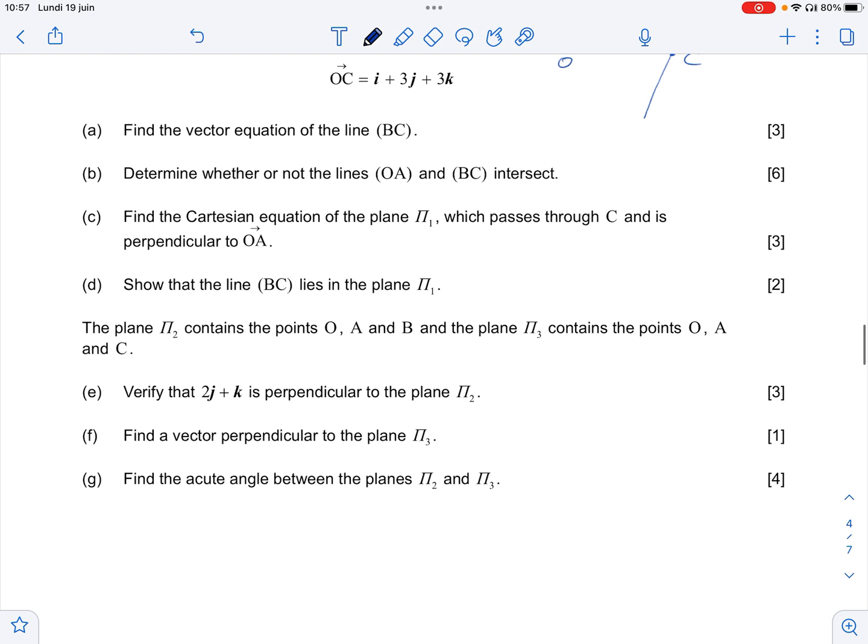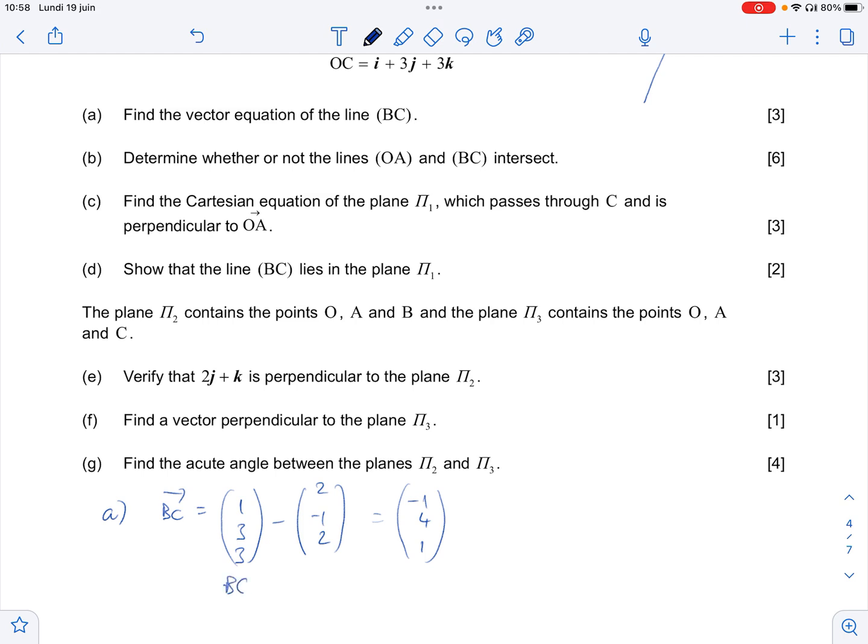So we need to find BC first, part A. BC equals C, which is 1, 3, 3, subtract OB, 2, negative 1, 2, which gives me negative 1, 4, 1.